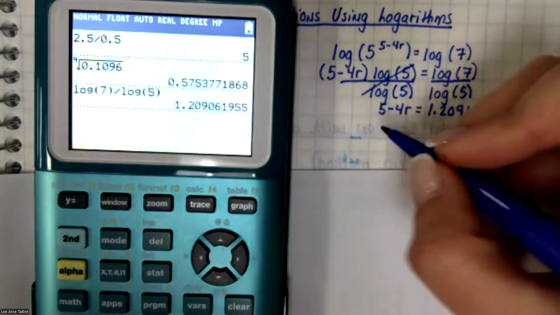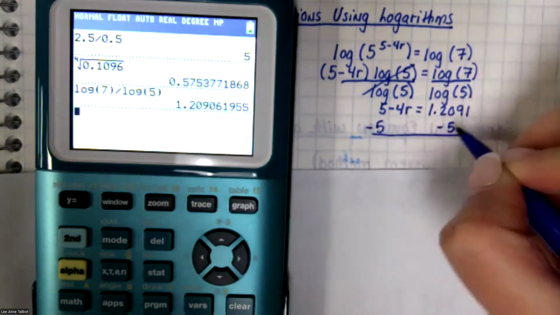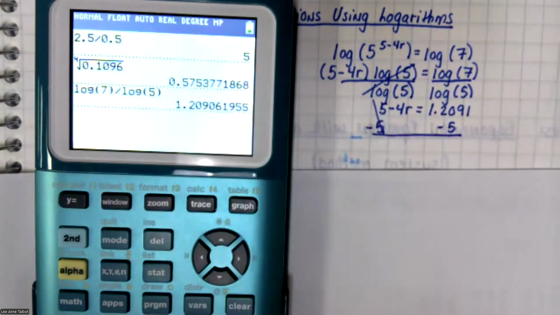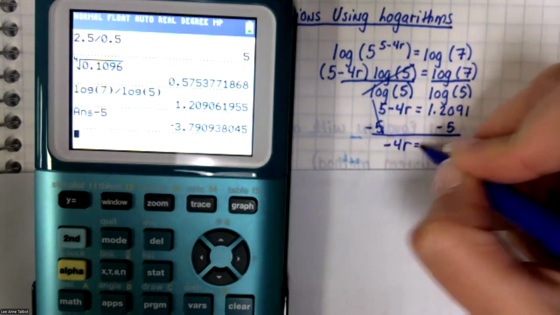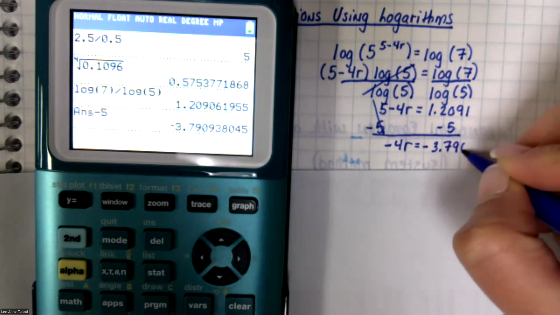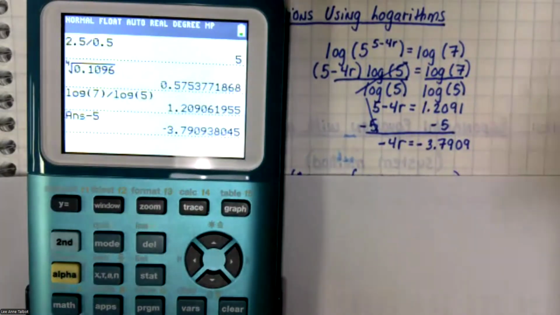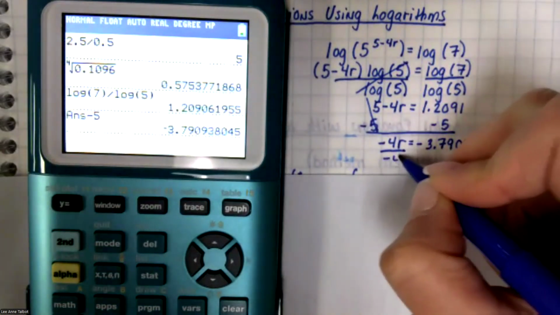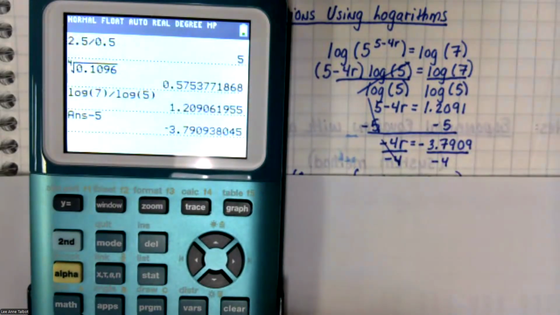But now I'm going to minus 5 from both sides. Just do minus 5. See what I mean? Then just hit divide by -4.